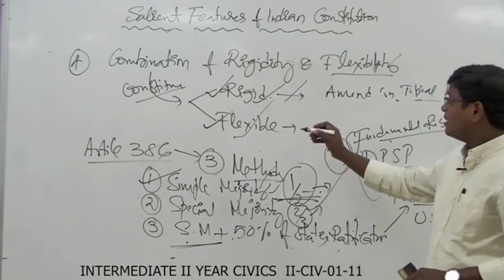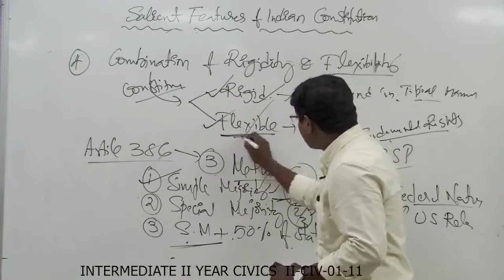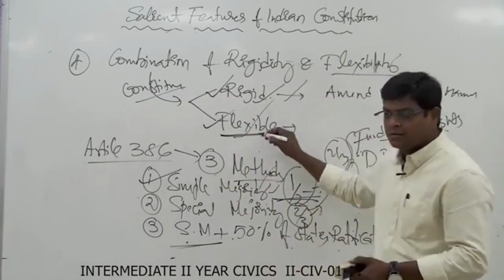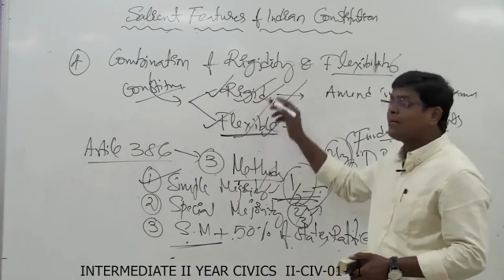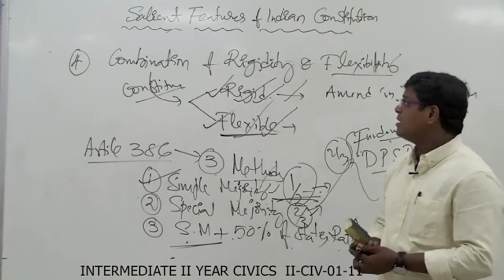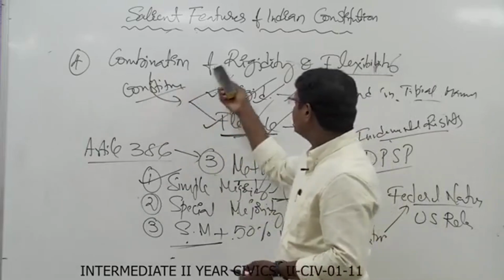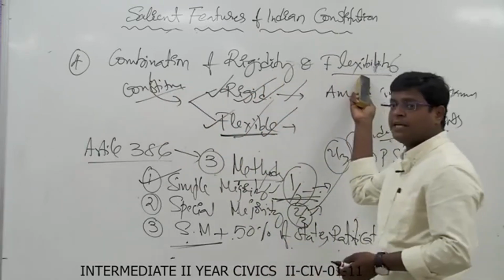So that is why you have to mention that in our Constitution of India, some provisions are amended in a flexible manner and some provisions are amended in a rigid manner. Understood? This is one of the salient features of the Indian Constitution: a combination of rigidity and flexibility.